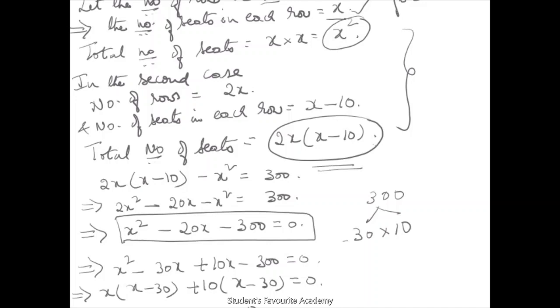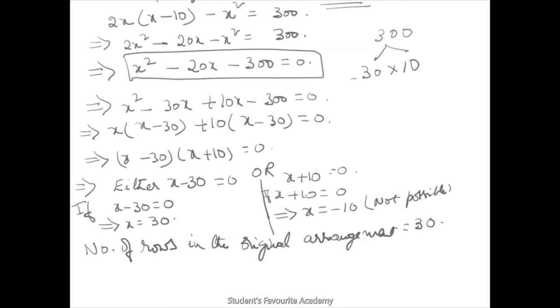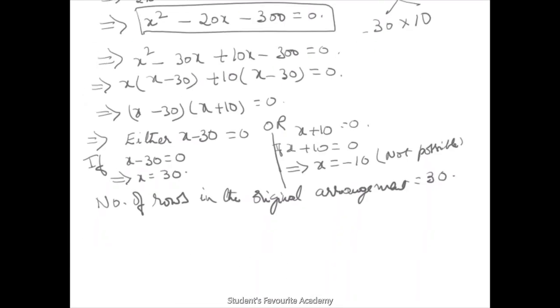So we can substitute the value of x. Number of seats will be doubled, so 2x. Number of rows in the original arrangement is 30, and now number of seats after rearrangement.